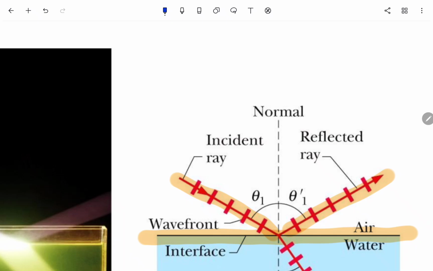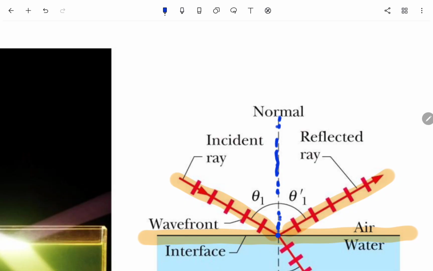To count the incident angle or the reflected angle, we need to consider the normal line. It goes through the incident point and is perpendicular to the surface.